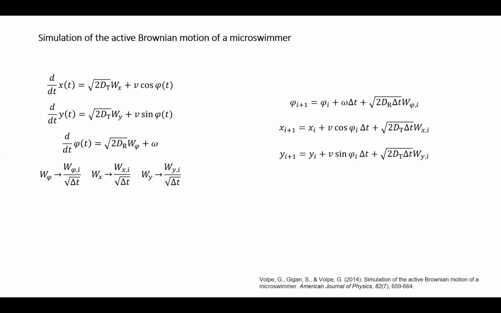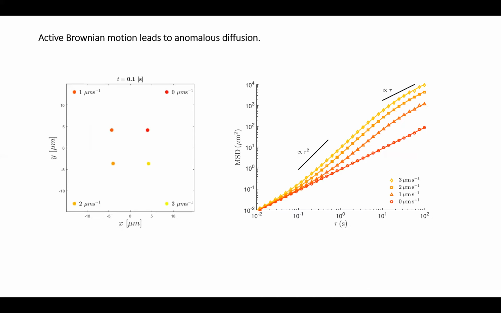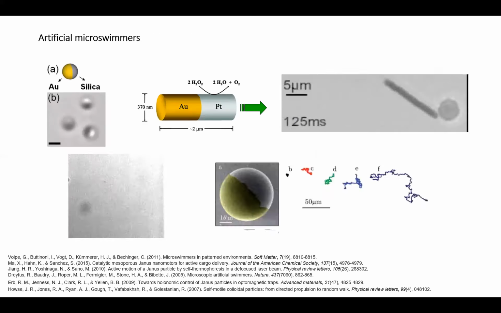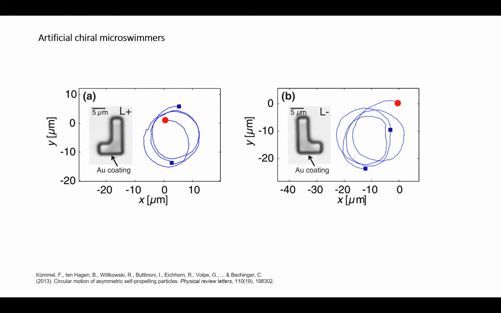Okay, so that term is creating this kind of asymmetric propulsion, so the particle over time is not only propelling itself, but also rotating in one direction or the other because of the asymmetry.